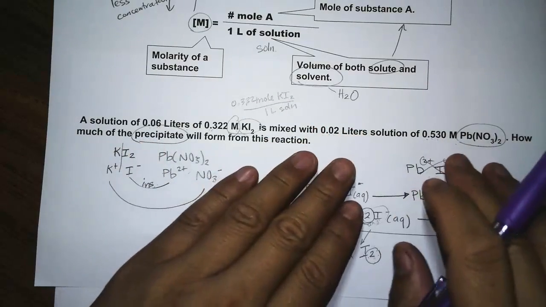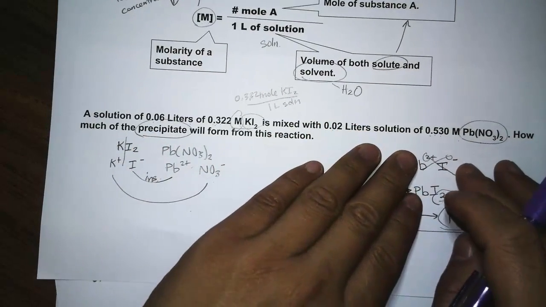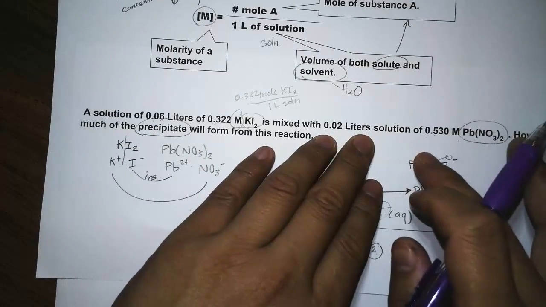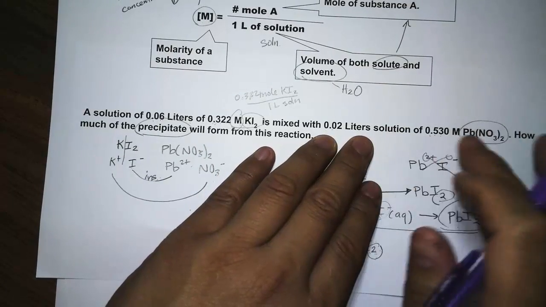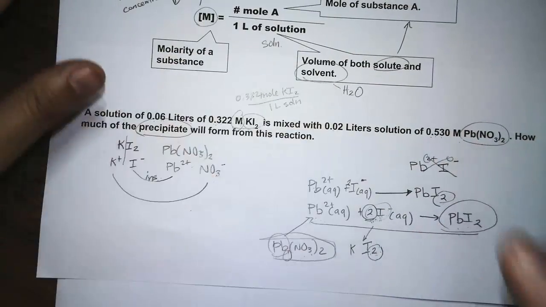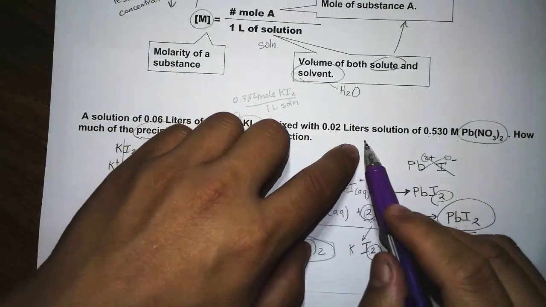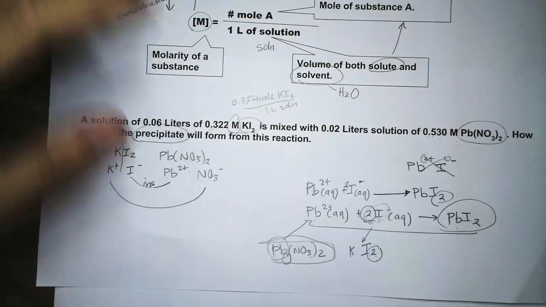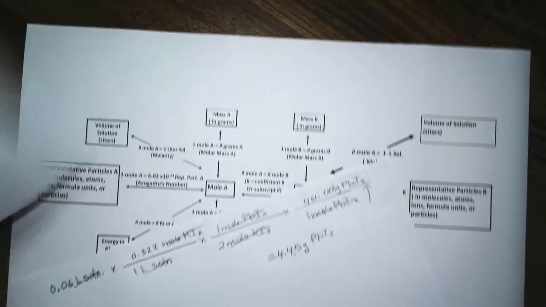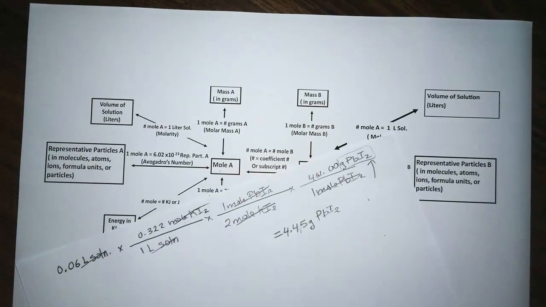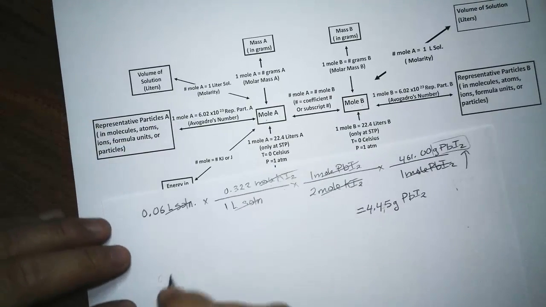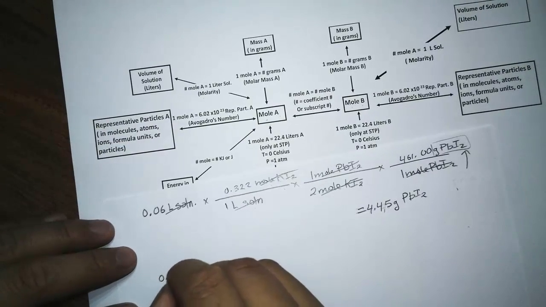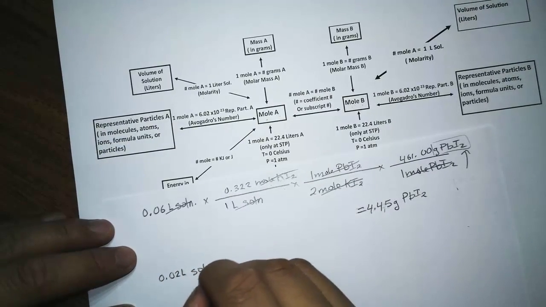Because we have two different reactions, we have to look at the second reaction to determine how much precipitate will form from this given amount of reactant. So we have 0.02 liter of solution of 0.530 molarity lead nitrate. Let's plug into our stoichiometry flowchart. Of course, our solution volume would be 0.02 liter of solution.